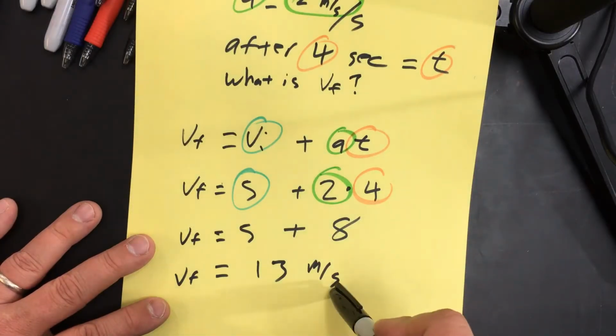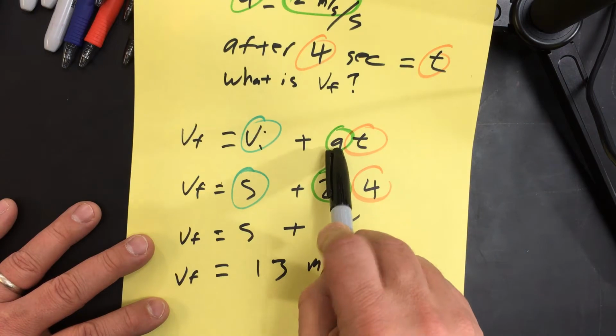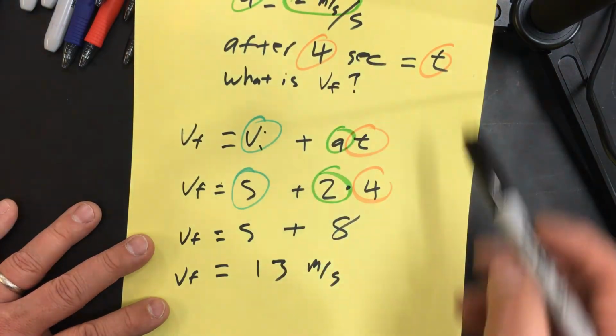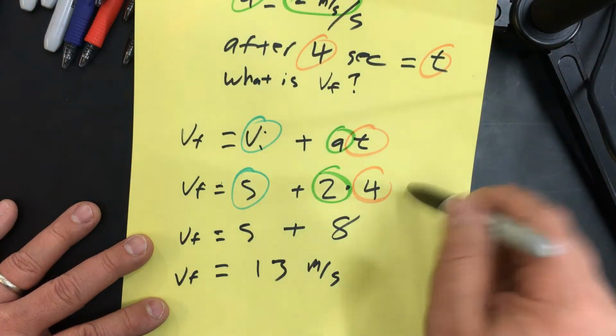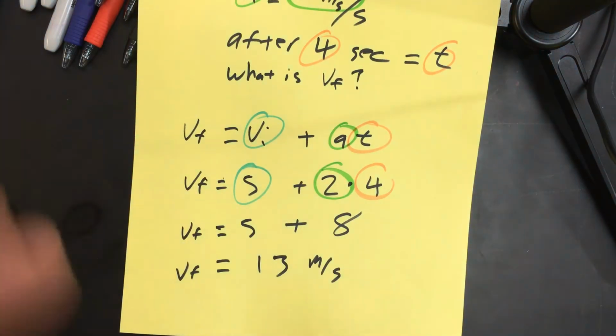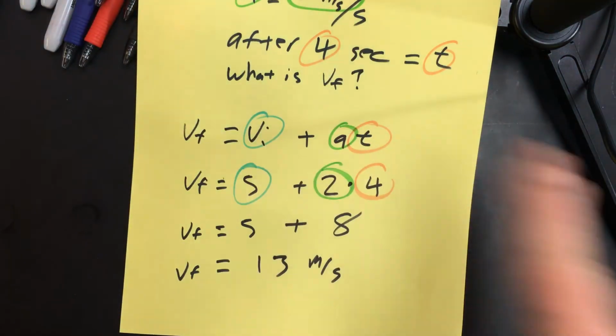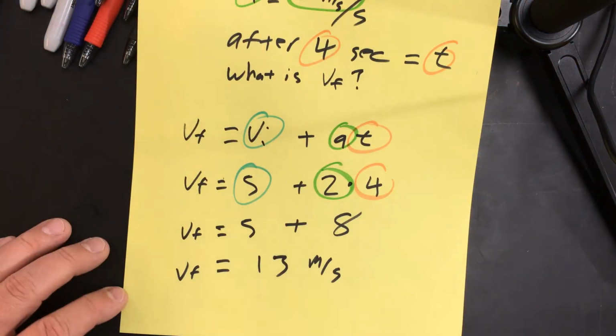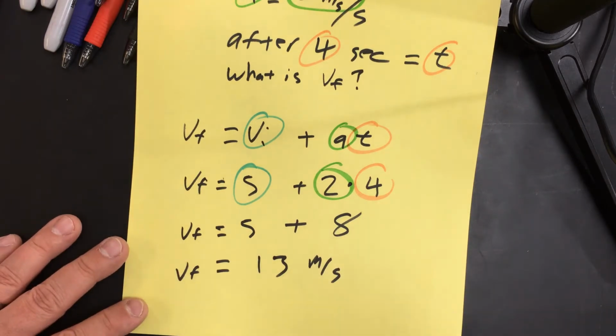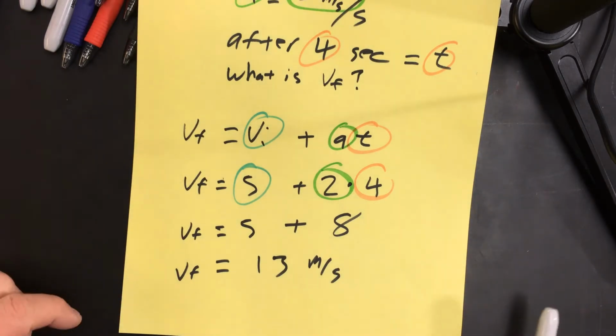So the final velocity is 13 meters per second. Now, I didn't carry the units throughout the entire calculation, but the units will go through. Velocity is in meters per second, acceleration is in meters per second squared, and time is in seconds, so the time cancels out. That's another layer of math, but it works out. If you plug the right numbers into the right places, the math works out.